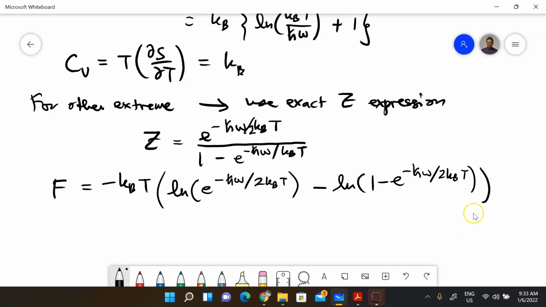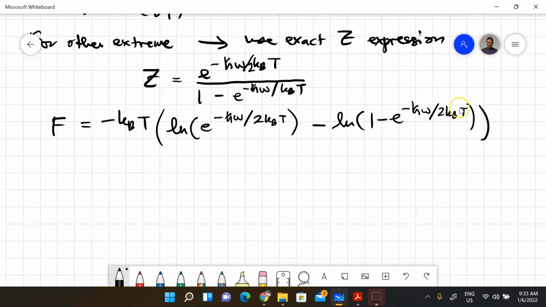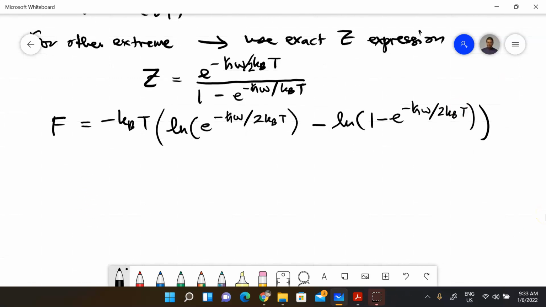Now one could simplify this further because your log is the inverse function of your exponential. So you get your minus sign here, and this minus sign gives a plus.